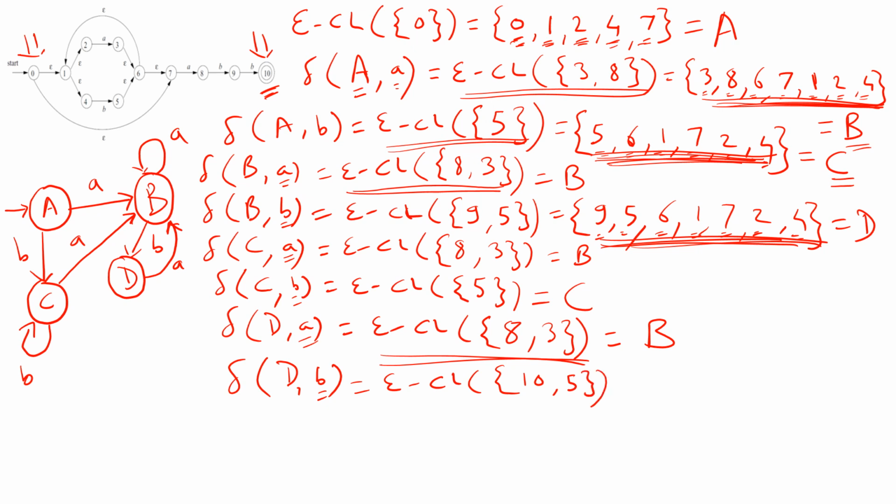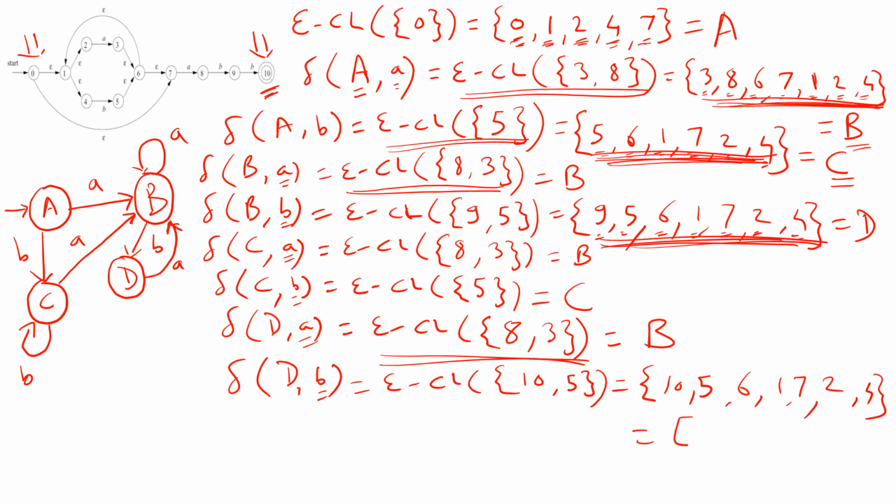And you see we haven't yet calculated this epsilon closure. So we have to calculate it. Epsilon closure of 10, 5 will contain 10, 5. And then we recurse for epsilon transitions. 10 epsilon, no. 5 epsilon takes you to 6. 6 epsilon takes you to 1 and 7. 1 epsilon takes you to 2 and 4. 7, 2 and 4 do not have any epsilon transition, so we are done.